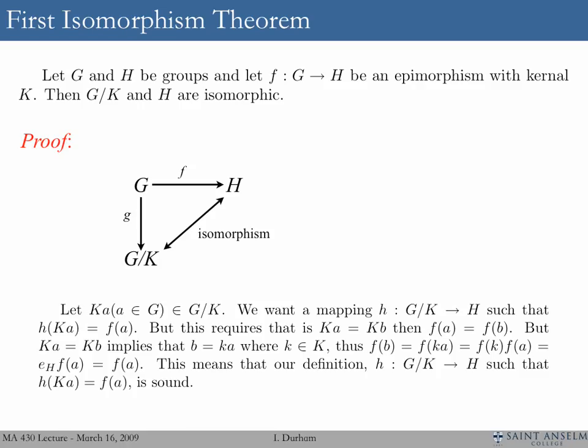So this function is an epimorphism, and it has a kernel K. And remember what the kernel is: if you have a homomorphism, the kernel is the set of all elements that the homomorphism maps to the identity, okay? So K are all the elements of G that under this function end up being the identity in H, okay?